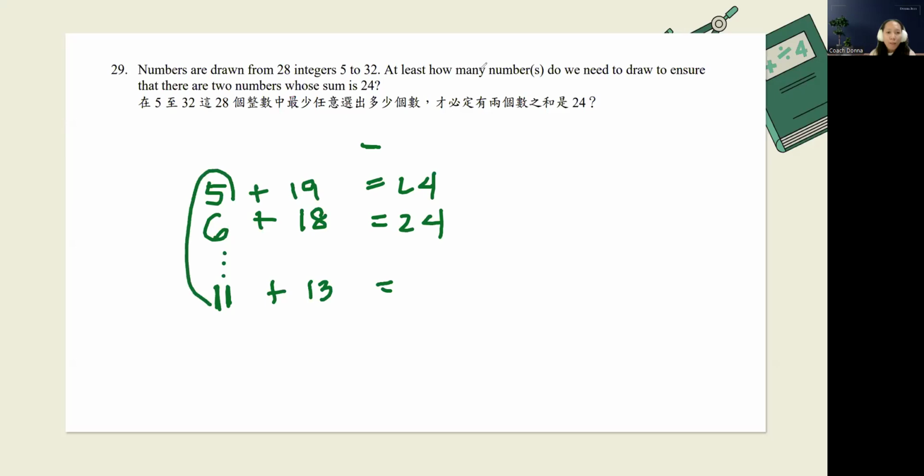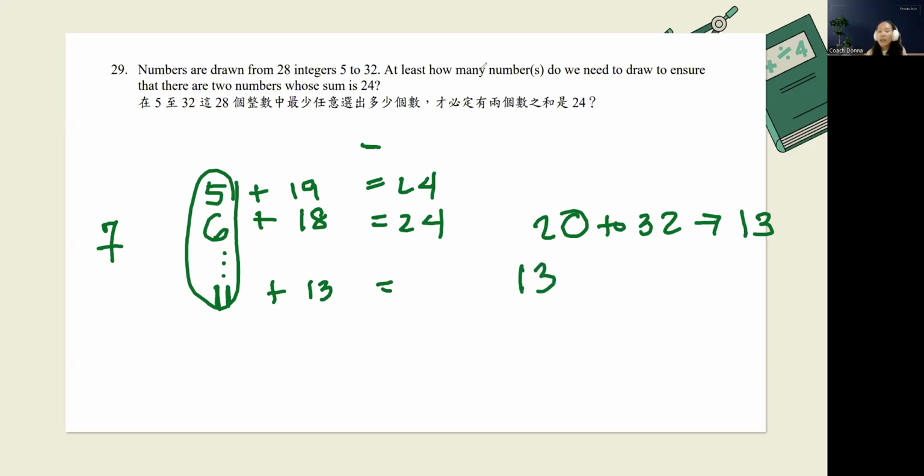So there are 7 pairs in total. So 20 to 32 are unusable. All right? So 20 going to 32 are unusable numbers. So that's a total of 13 also. So 13 unusable. Worst case scenario is you'll get the numbers that you don't want.